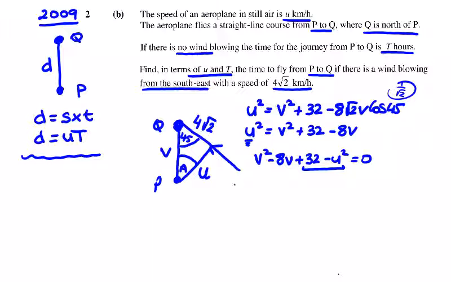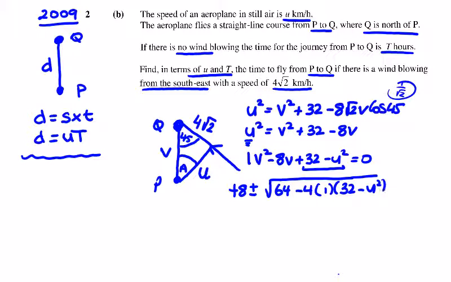So minus b is plus 8, minus minus 8, plus or minus the square root of b squared, which is going to be 64, minus 4ac, minus 4 by 1, which we don't need in there if you don't want to put it in, by c, which is 32 minus u squared.